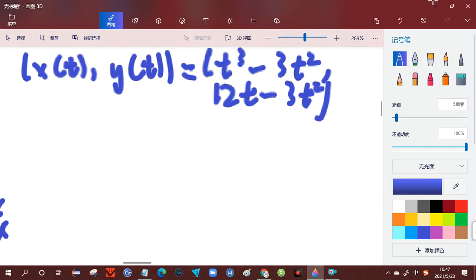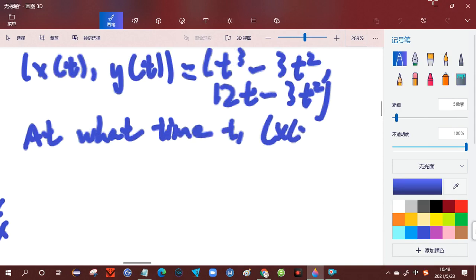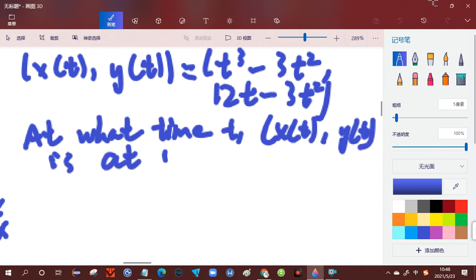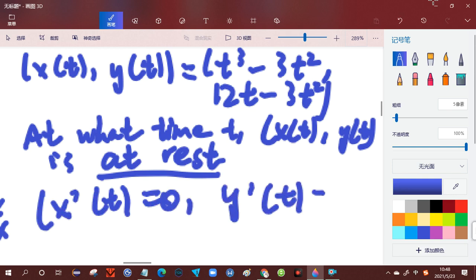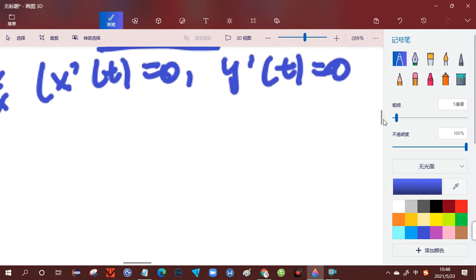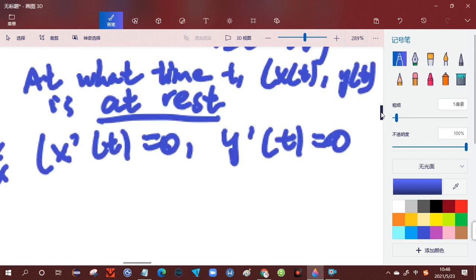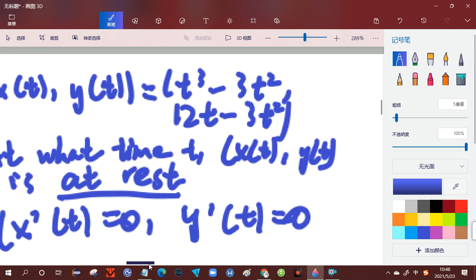We are required to find at what time t the particle is at rest. To make them at rest, we need x'(t) equal to 0 and y'(t) equal to 0, so we find the derivatives of x(t) and y(t) and calculate them respectively.